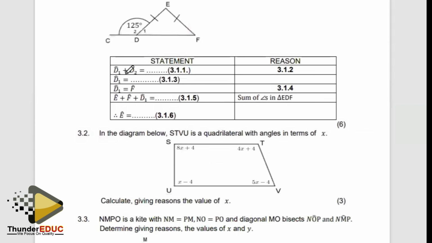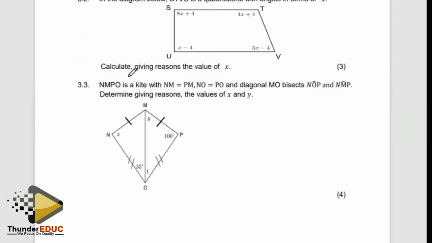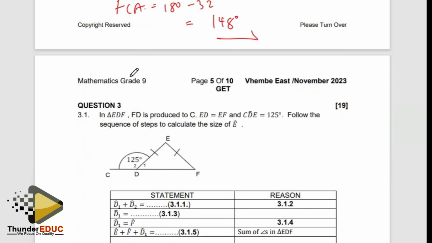Question number 3. Okay. Question number 3 is telling us that in this triangle ADF, FD is produced to C. EF is the same as ED. Okay. Then CD is 125.